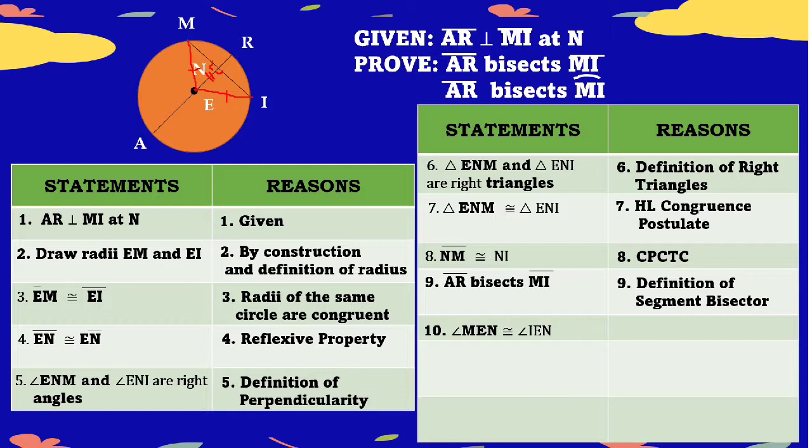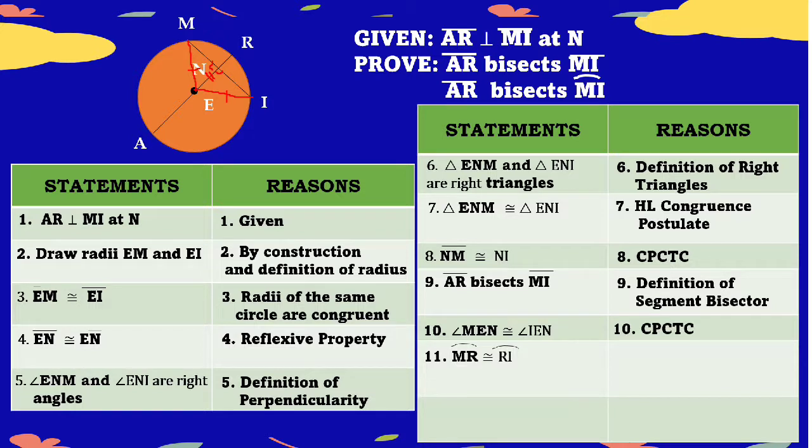Number 10. By CPCTC, we can add also the statement that angle MEN is congruent to angle IEN, because congruent parts of congruent triangles are congruent. Angle MEN intercepts arc MR, and angle IEN intercepts arc RI.